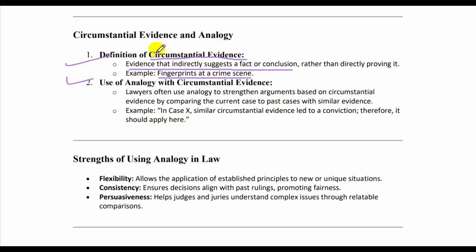So what is the relation of circumstantial evidence and analogy? Even though the evidence of a fact or a conclusion may be indirect, it may still lead to a conclusion. And there we use analogy with circumstantial evidence.